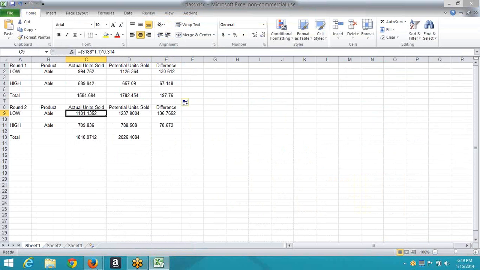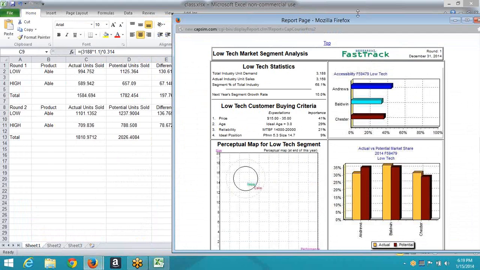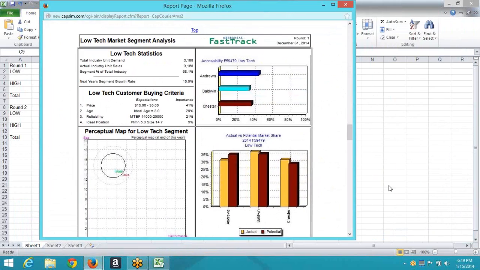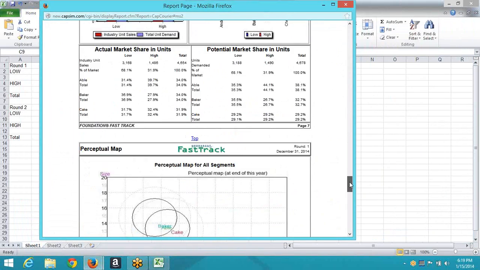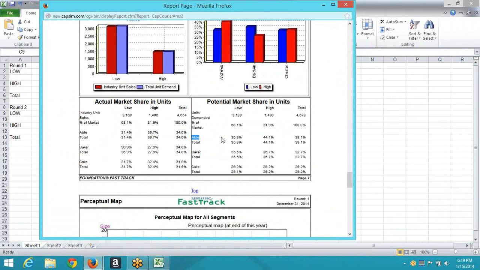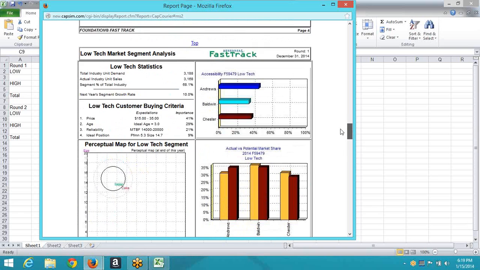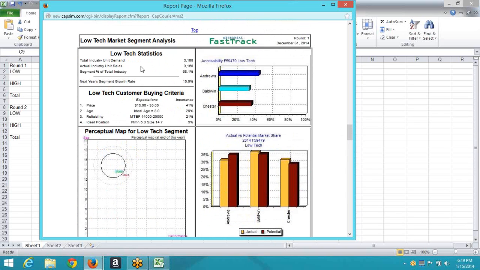And then I took my percentage, my potential that I wanted before, and I multiplied it through. So one more time, I found the low-tech segment. I took the unit demand. I multiplied it by next year's segment growth rate to find out how much more it would grow.